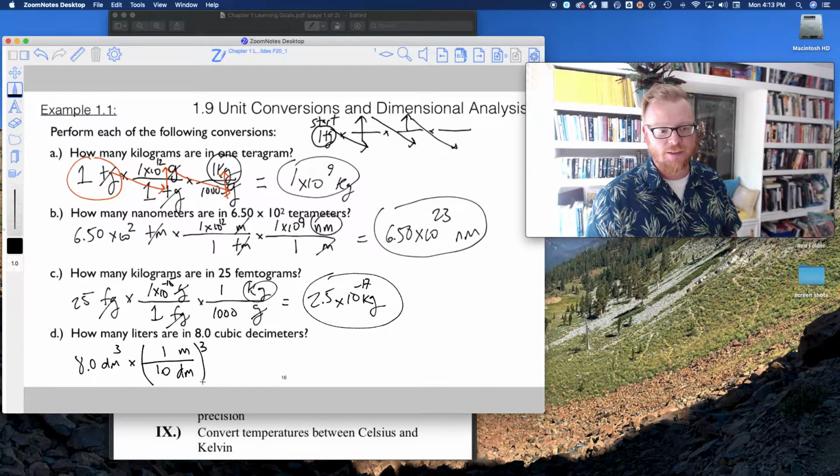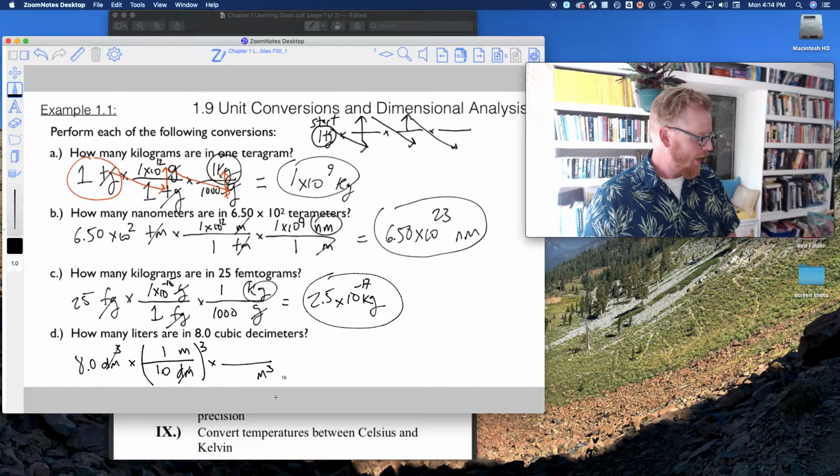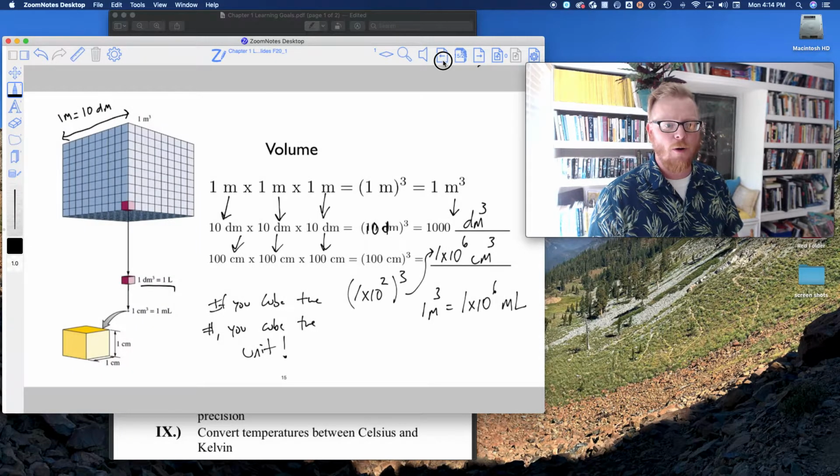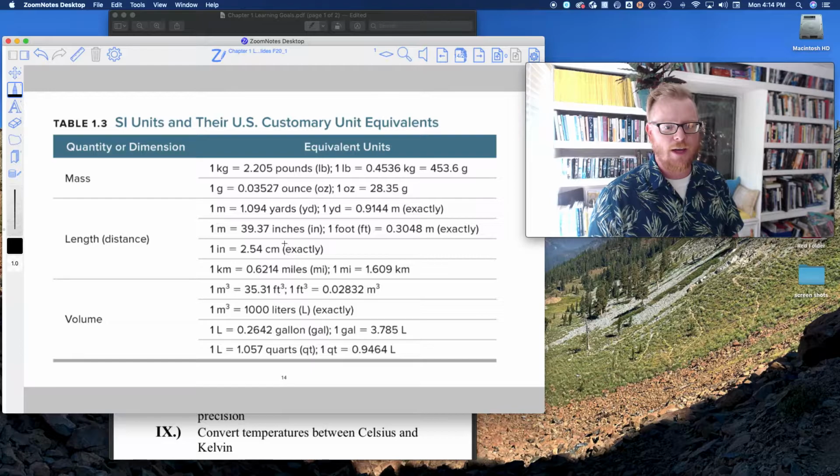That'll cancel the cubic decimeters. But now you have to note that we have a cubic meter on top there, so that's going to be a cubic meter down below. If you recall from our conversions, 1 cubic meter equals 1,000 liters.